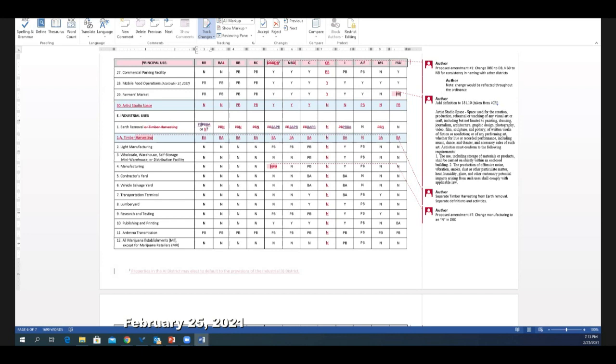It's more, as it was explained to me by the building commissioner, it was more of a business. Yes, so this would be the principal use of the property. Right. It's not earth removal in order to build something else. Right. So this could be long-term. Yeah, this is earth removal as an enterprise, as the principal use. So we don't want that in rural residential. It is allowed today.